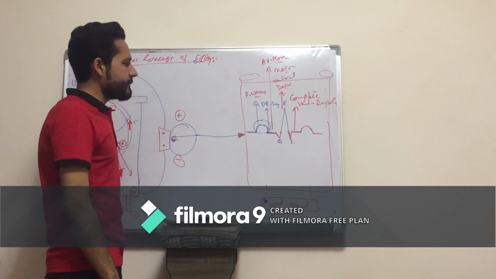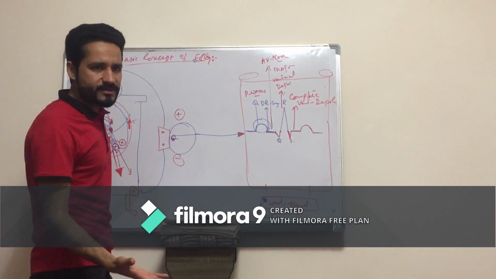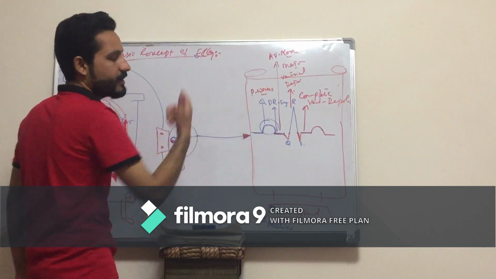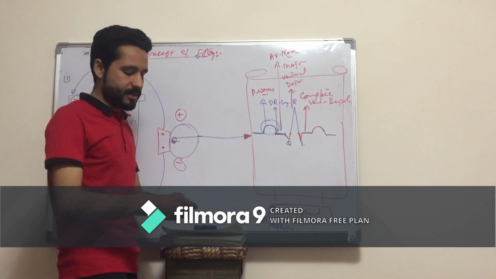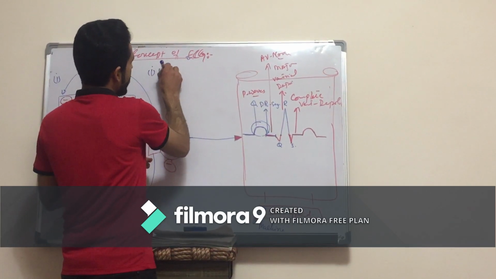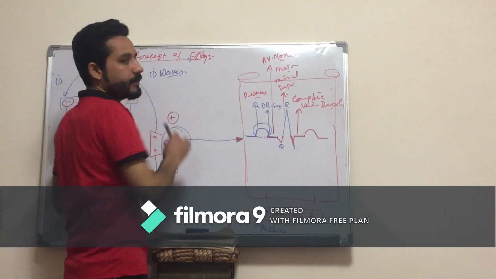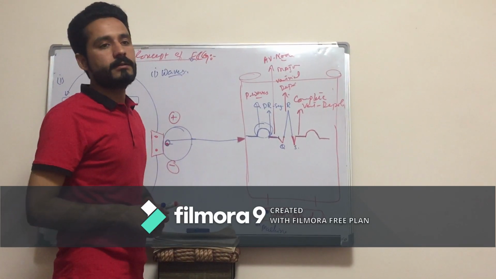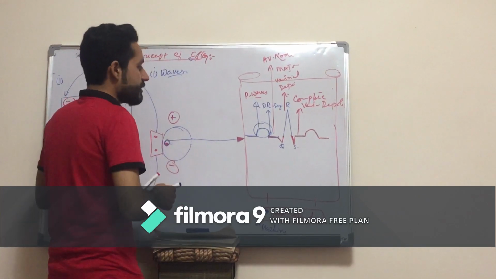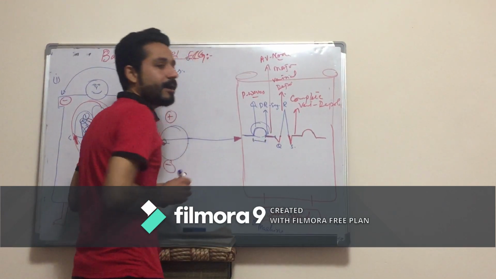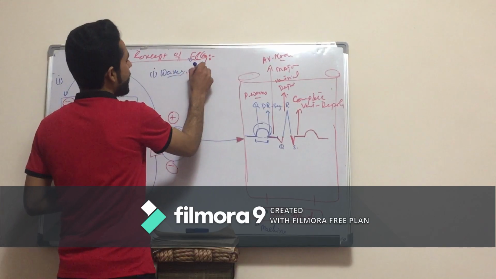Now we will study how many waves, how many segments, and how many intervals there are in a normal ECG. Suppose first we will find the waves. Remember, there are 3 waves in a full normal ECG. The first one, from this point to this point, is called the P wave.